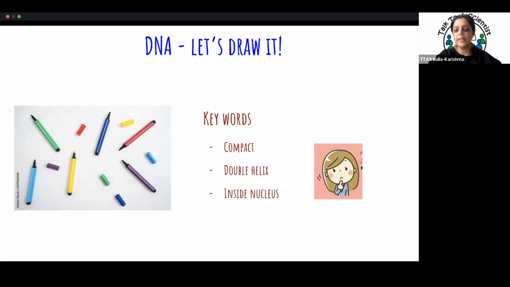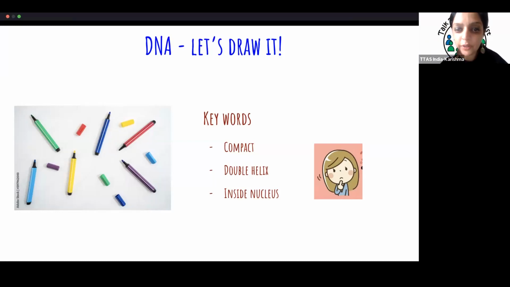So we have lots of defining features for DNA, and to think that it's those 23 chromosomes that make you, right? Okay. Where are we? Has everyone got past DNA? Great.